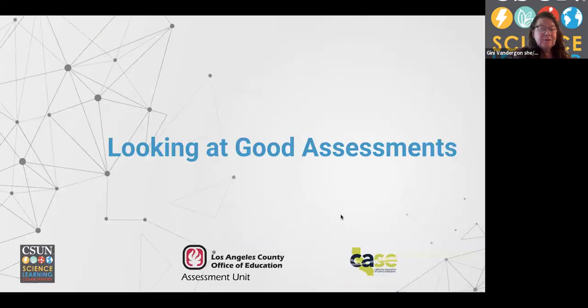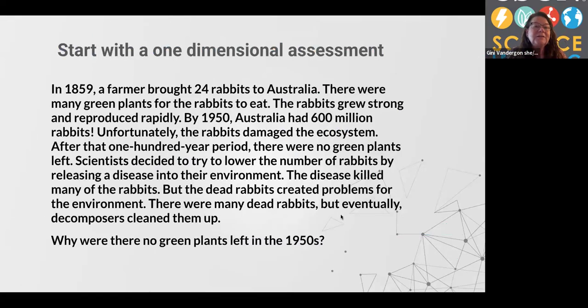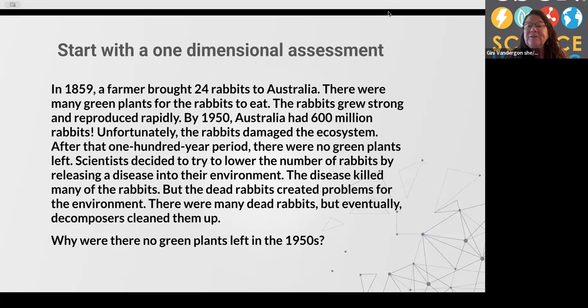So let's look at some good assessments. And we're going to start by looking at an assessment that's not so good. So here's a start of a one-dimensional assessment that people pre-NGSS might have given. So I'm just going to give you a minute to read this.